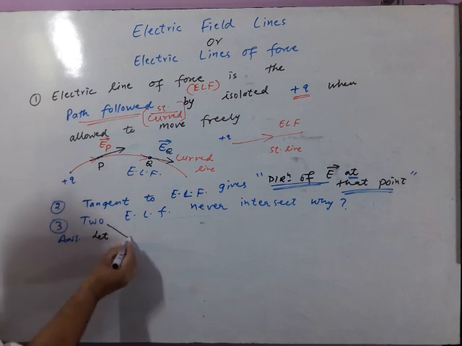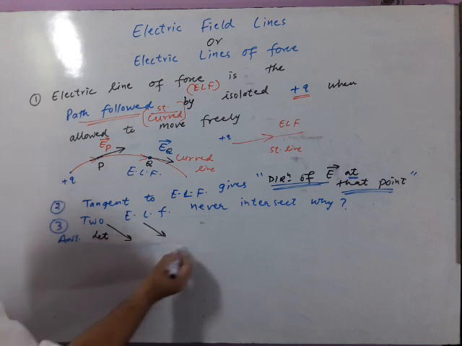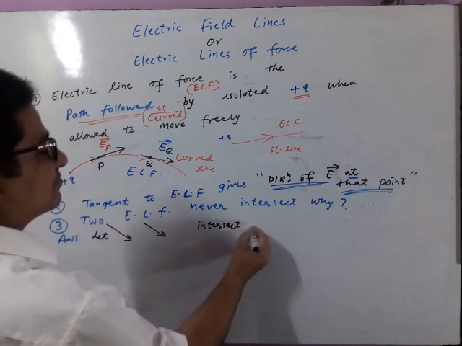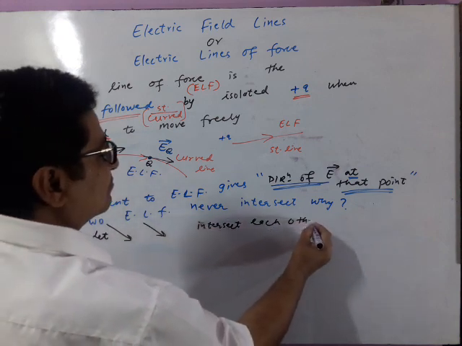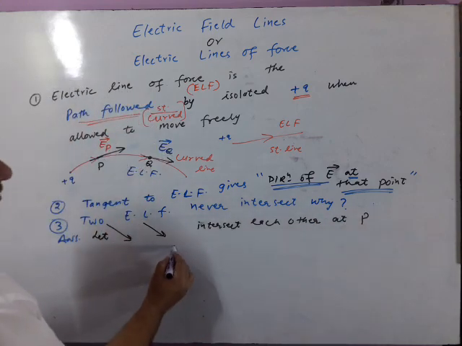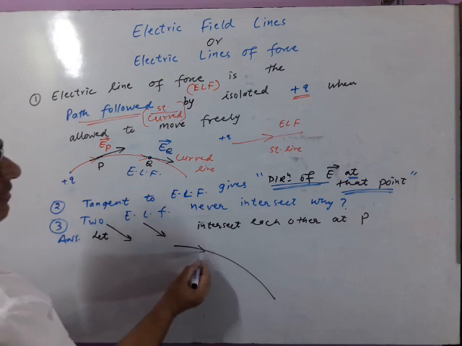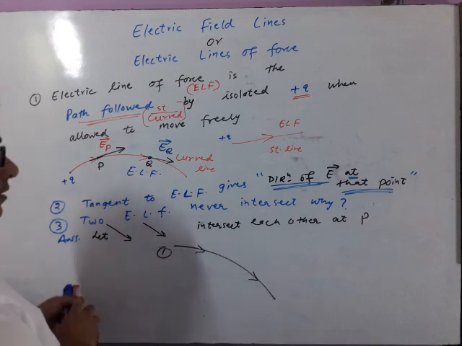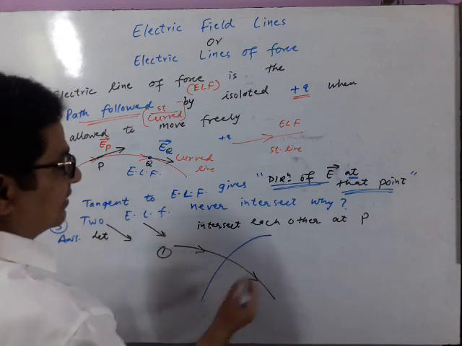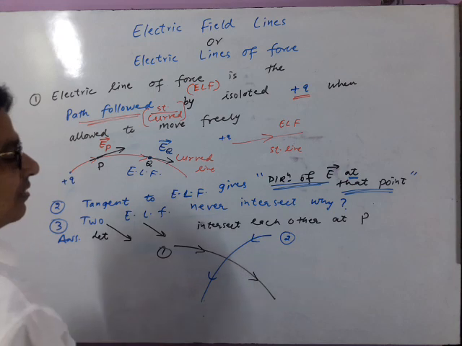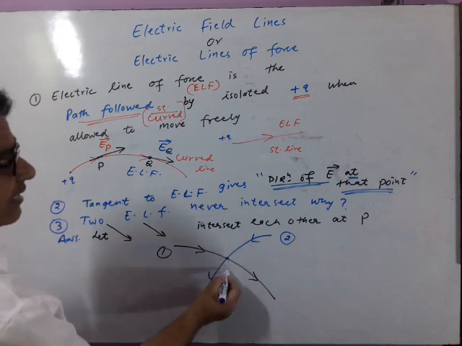Let two electric lines of force intersect each other at some point P. Let us say this is the first electric line and this is the second electric line, and both are intersecting at point P.